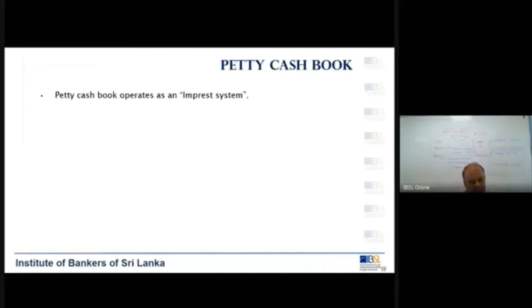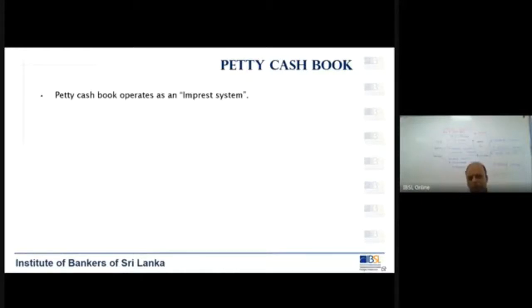The requirement of the mini cash book is there with companies when you want to do small transactions. Small nature of transactions are handled through the petty cash book. All larger transactions are handled through the main cash book.